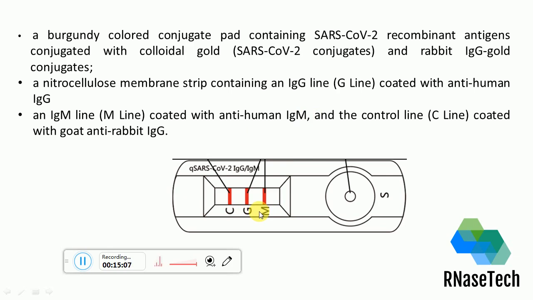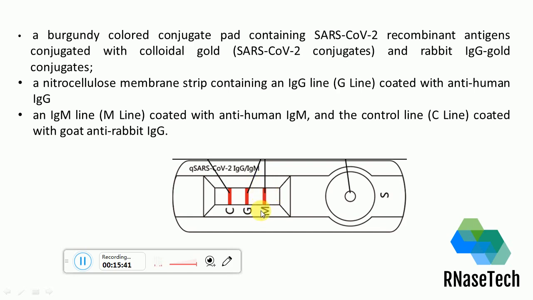If the patient has IgG antibody synthesized in response to SARS-CoV-2 infection, those antibodies will bind to the anti-IgG portion, and if the patient has IgM in response to the infection, those antibodies will bind to anti-human IgM.